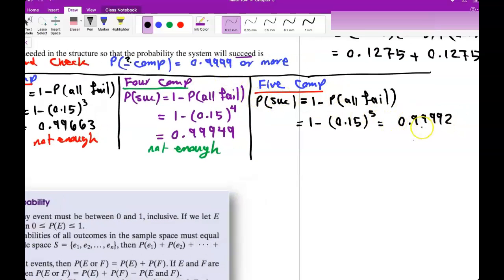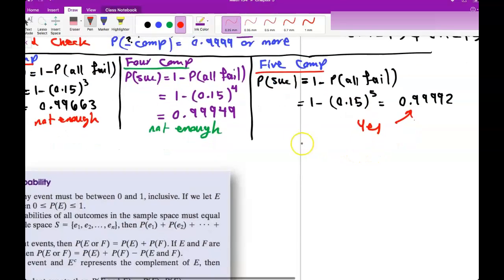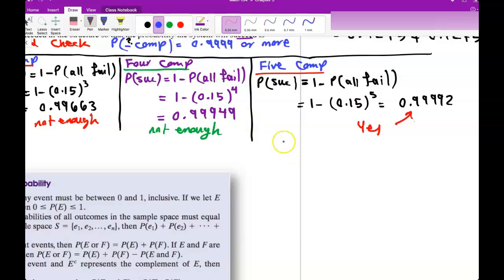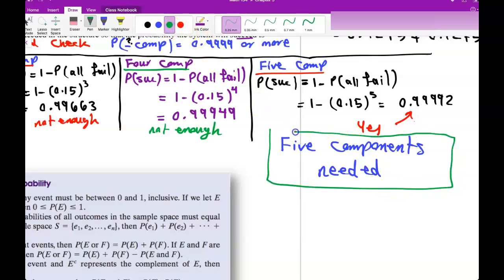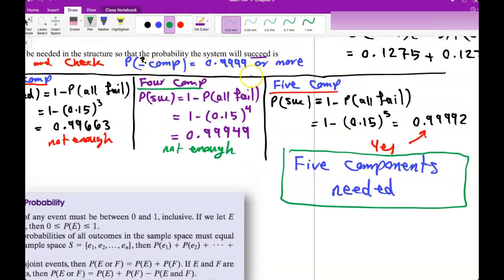So here we got that this number is greater than or equal to what we need. So yes, this one is enough. And what that means is that on this part we need 5 components to have this probability greater than or equal to 0.9999.